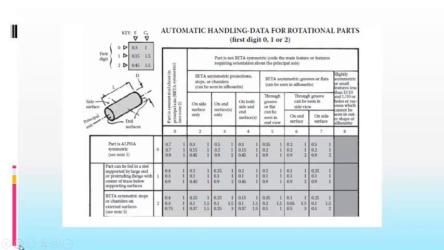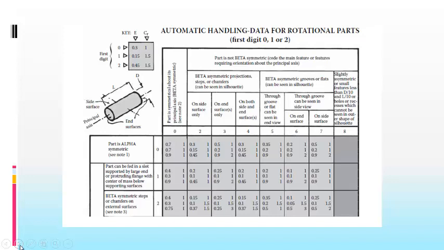As you see, a part that is alpha symmetric and beta symmetric has digits 0, 0, and the efficiency is 0.7.